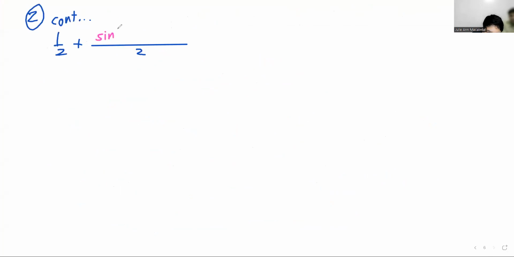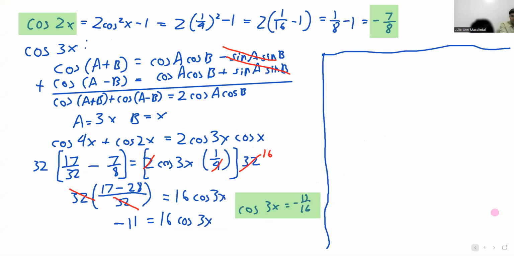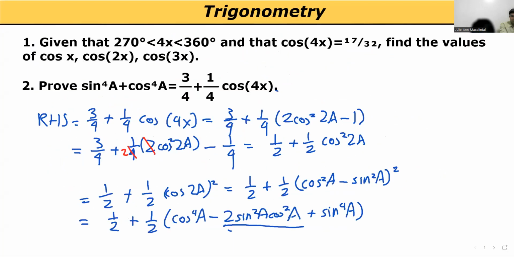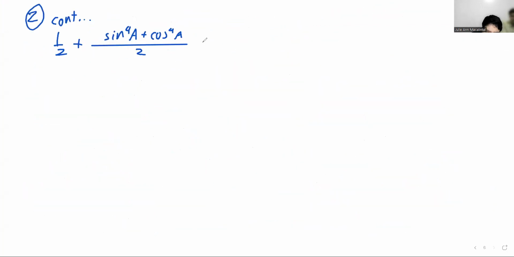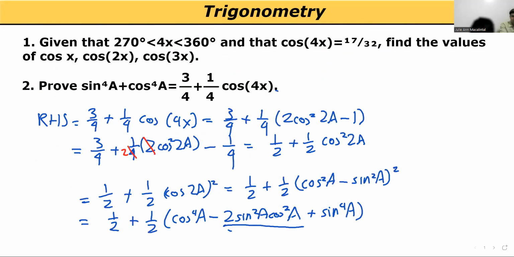Sine to the fourth a plus cosine to the fourth a. And then the other term, 2 sine squared a cosine squared a, 2 times 1/2 is obviously 1, so we will put it outside. Is this plus or is it minus? It's minus.